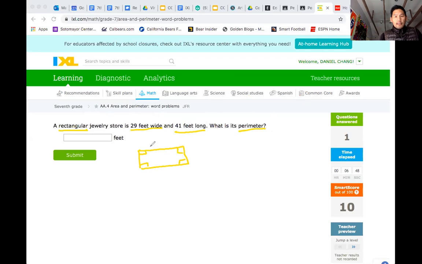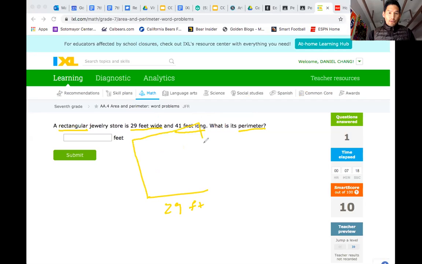It's got a width of 29. Actually, let me make that a little more accurate. It's 29 feet wide, and it's a lot longer than it is wide. Oh, my pen, come on, pen. 41 feet.